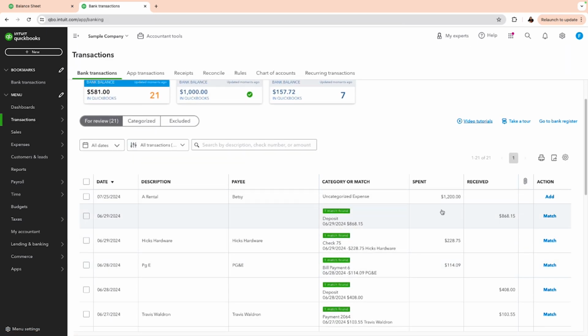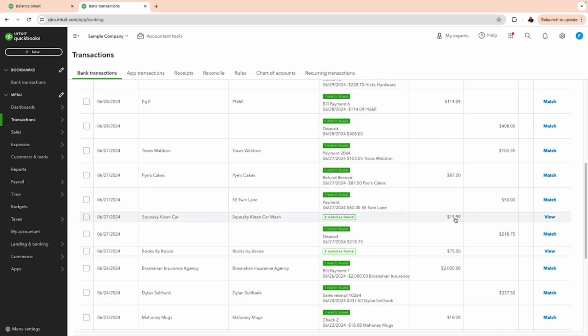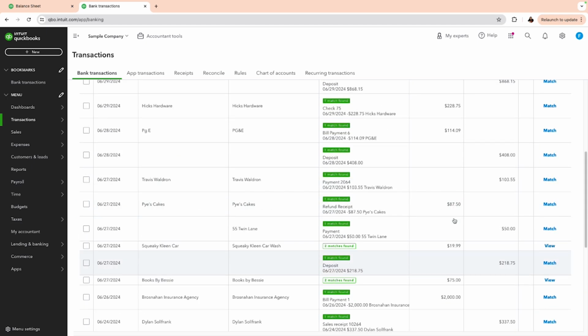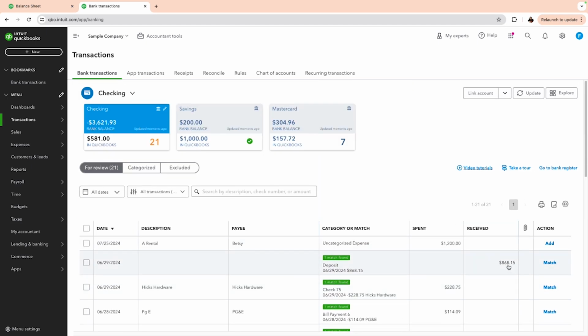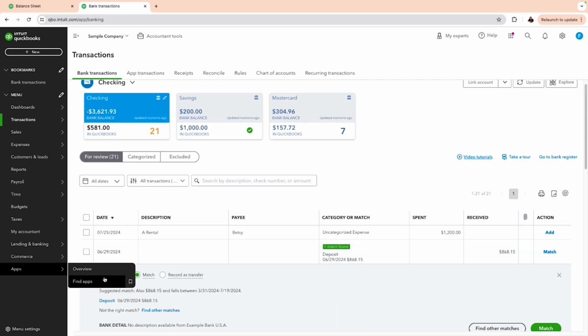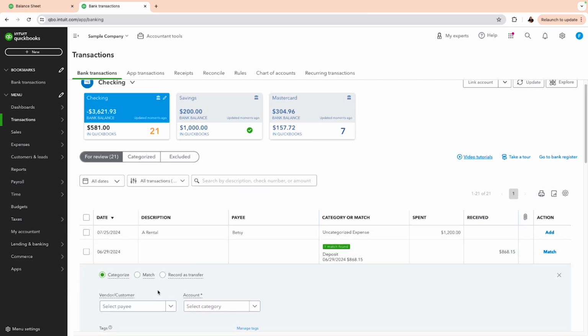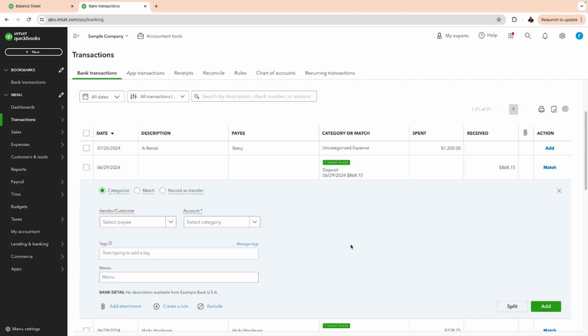Let's suppose that, okay, I got the income. We're gonna take one of these, and let's suppose that this is not the right deposit, so I'm not matching to anything. It's not supposed to be a match. We're just gonna record this transaction. It never hit the trust.